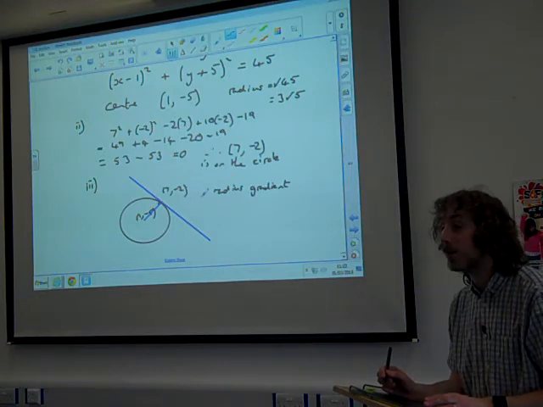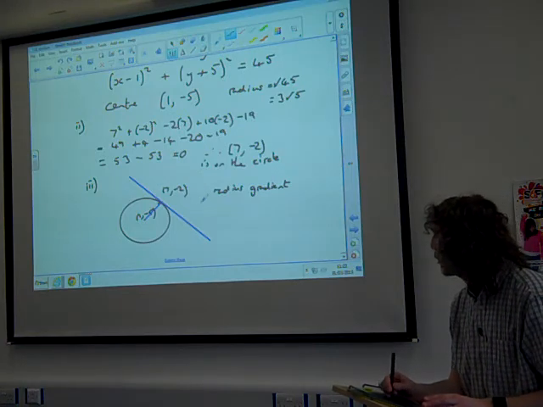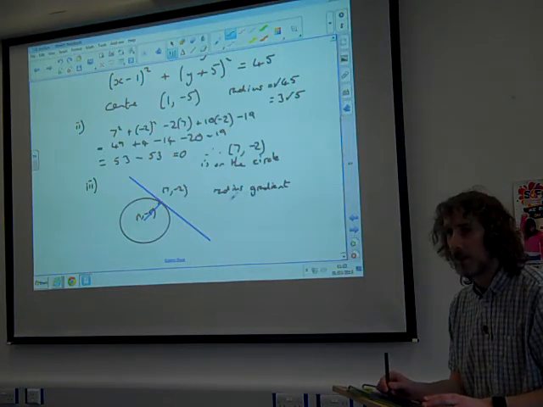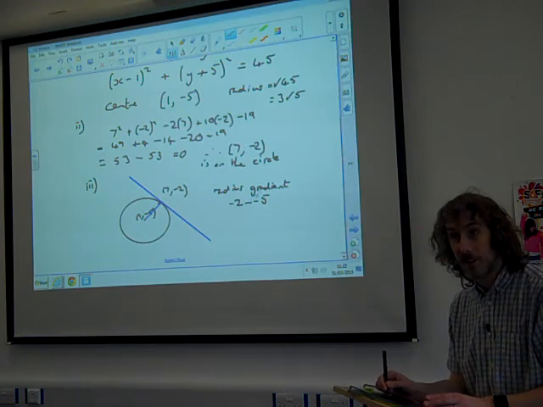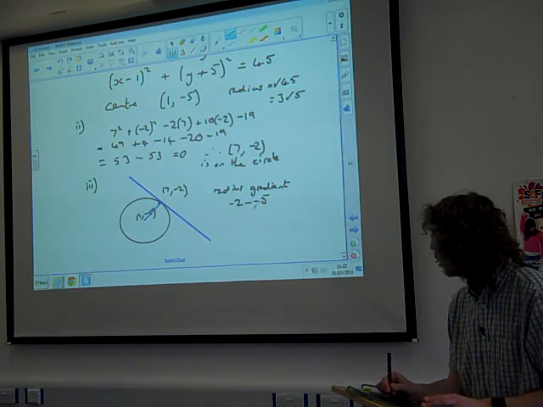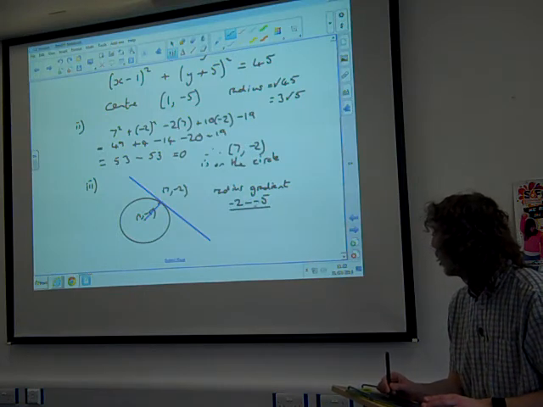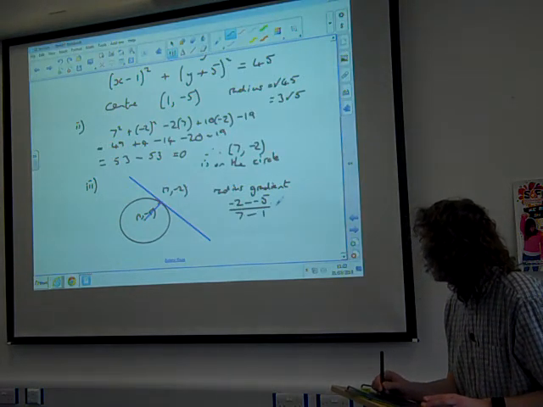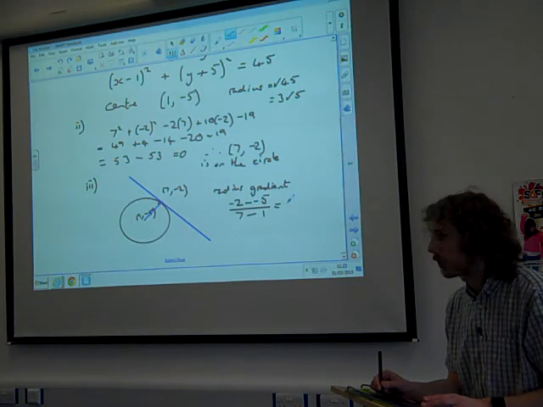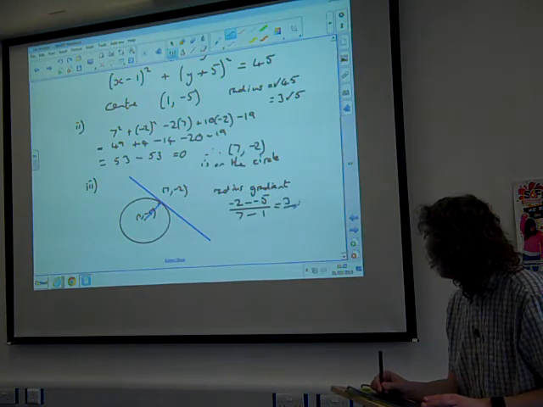Quite a nice idea. The radius gradient would be the change in y over the change in x, minus 2, minus minus 5. Wow, we've got another minus going on. This paper is full of them. What am I doing? 7 minus 1 down there. That gives me 3 over 6.